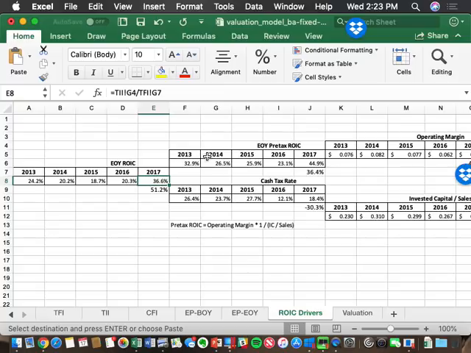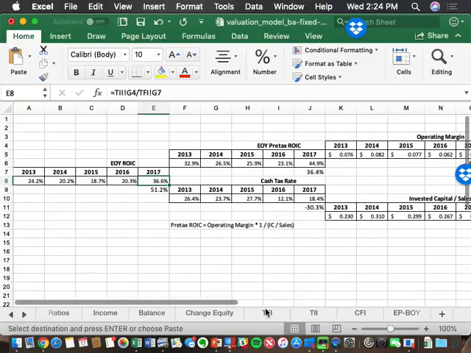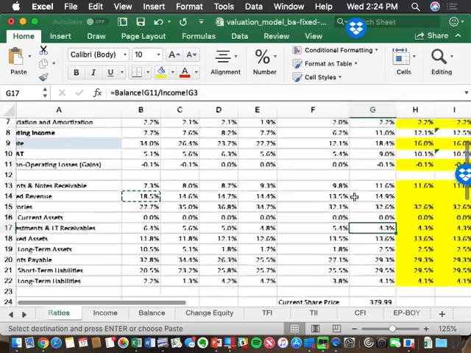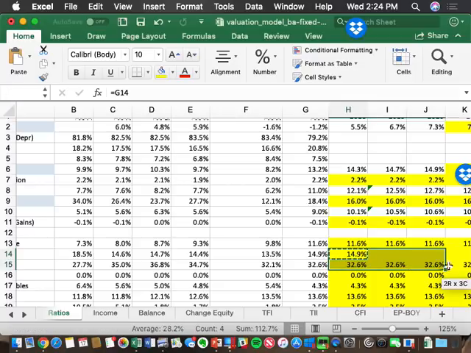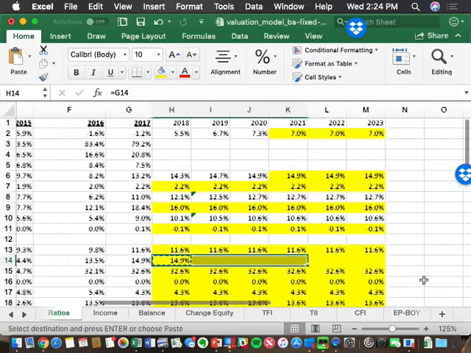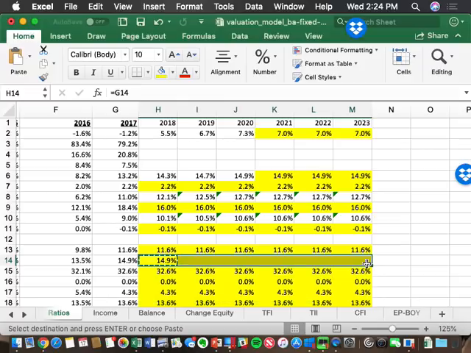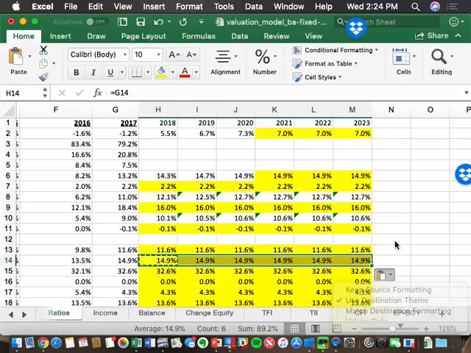Instead of leaving it constant, I think in the future it makes more sense to make it a variable that we can change. Now, even if I leave it at 14.9% of sales, which is what it was in the previous year, I would still want to have it be a variable rather than a fixed number because this one does affect valuation. So hence, I'm going to put it here into those future ratios. So historical and future ratios, as opposed to just leaving it constant.